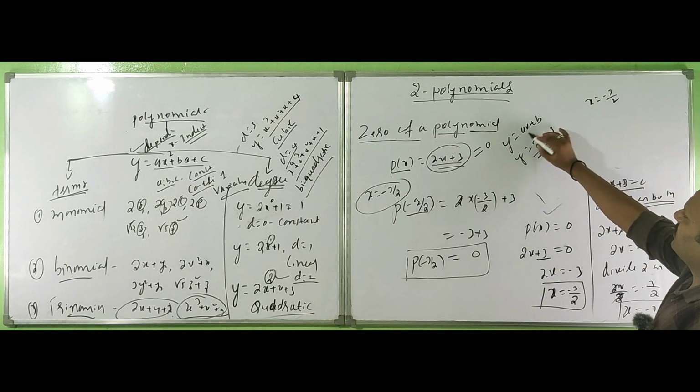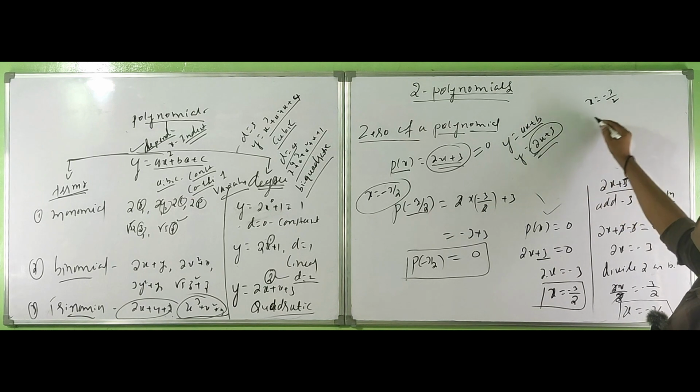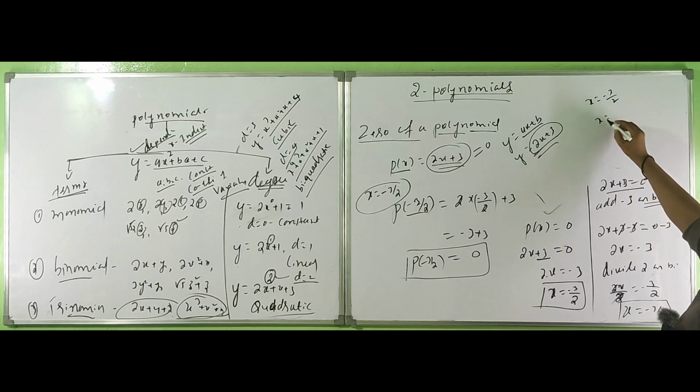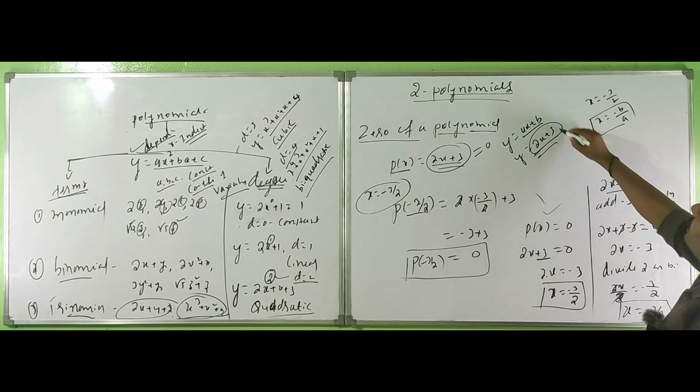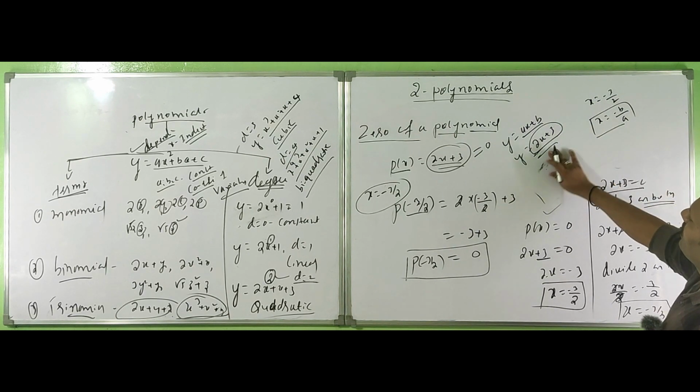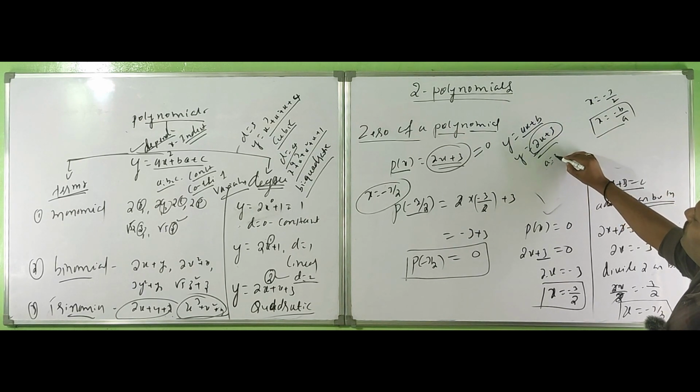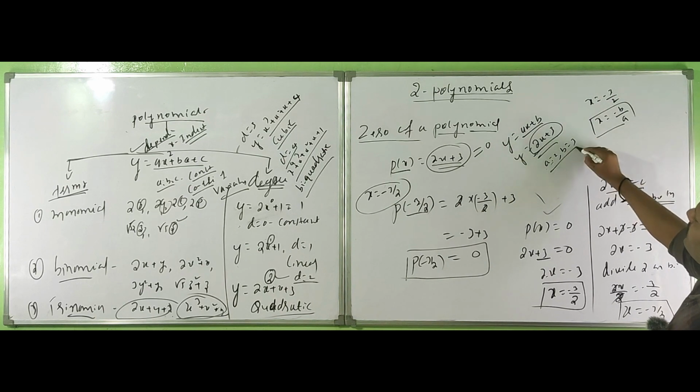Just compare these things here. With regard to this equation, minus 3 by 2 means minus b by a. So here a is equal to 2, b is equal to 3.